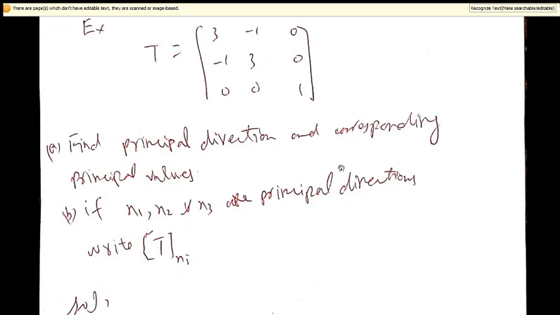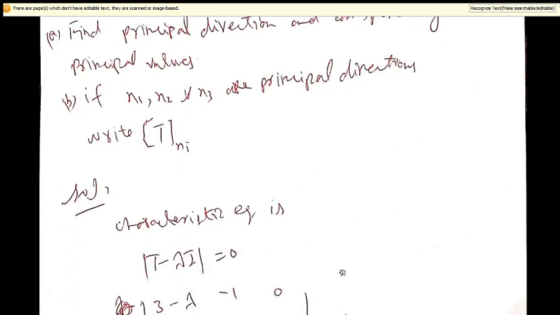If we denote these principal directions by n1, n2, n3, then we have to write this tensor T with respect to these principal directions.